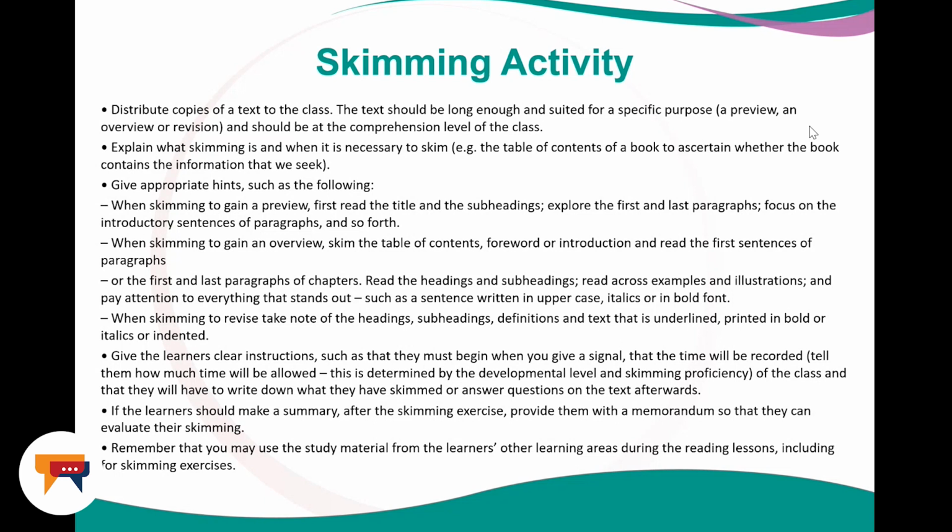Then you will give learners clear instructions that they must begin when you give them the signal. Okay, and the time will be recorded, so you're going to see how quickly they are able to skim through the text and ensure that they have a clear understanding of what the text is about.